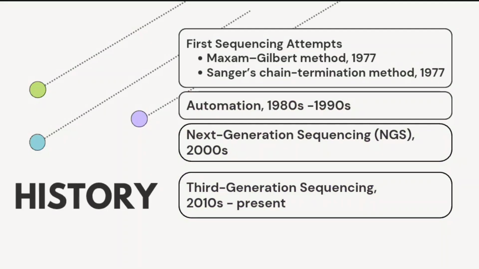Now let's talk about the development of the process of DNA sequencing. In the 1970s, the first sequencing attempts were done by the Maxam-Gilbert method, and then in 1977 Sanger's chain termination method was developed. Then in the 1980s the automated Sanger sequencers improved speed and throughput.